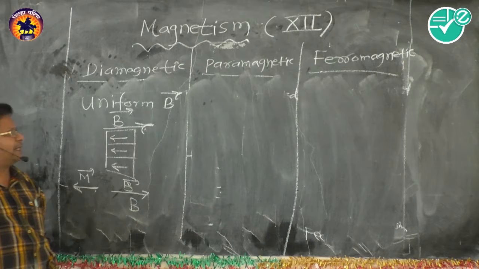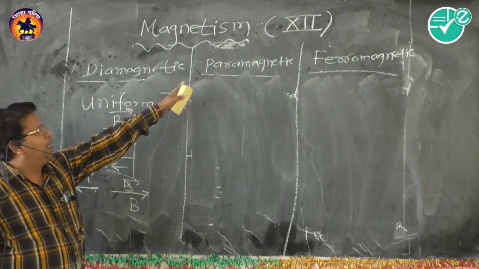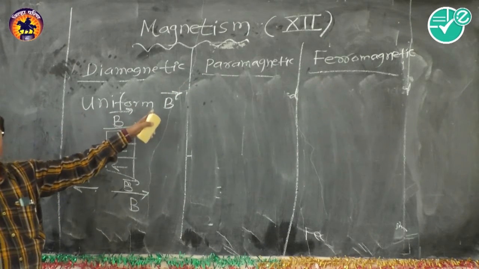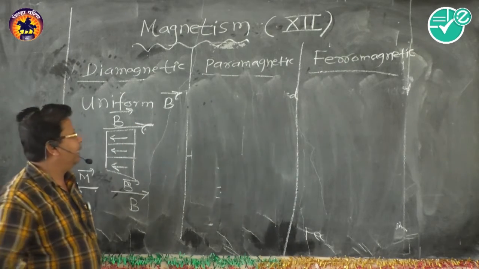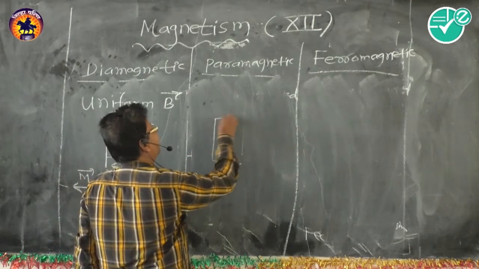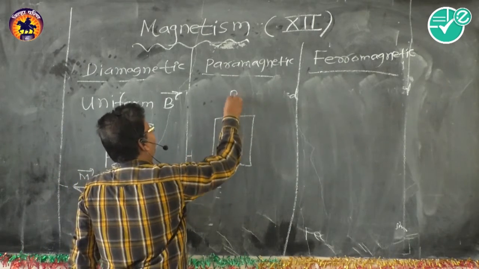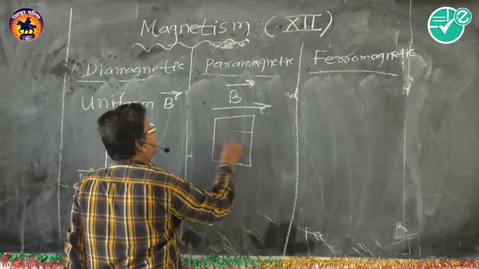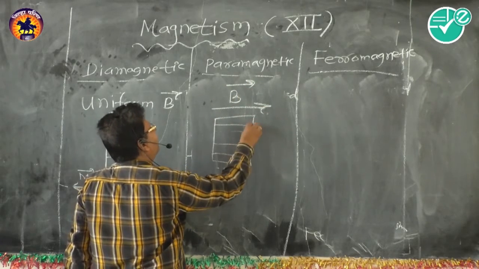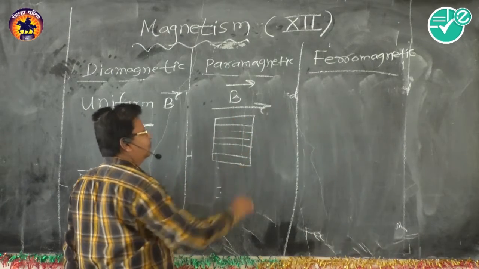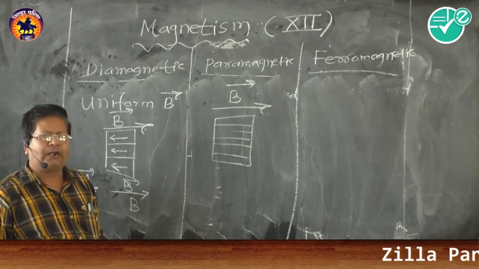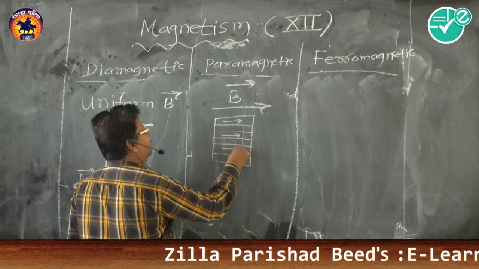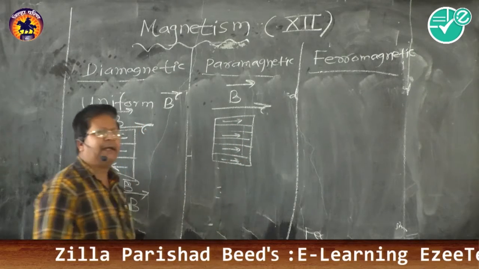In the case of a paramagnetic substance, suppose this is the paramagnetic sample and we have applied the magnetic field from left to right, then the magnetic dipole moments of each atom, or atomic magnets, are in the same direction as that of the magnetic field.